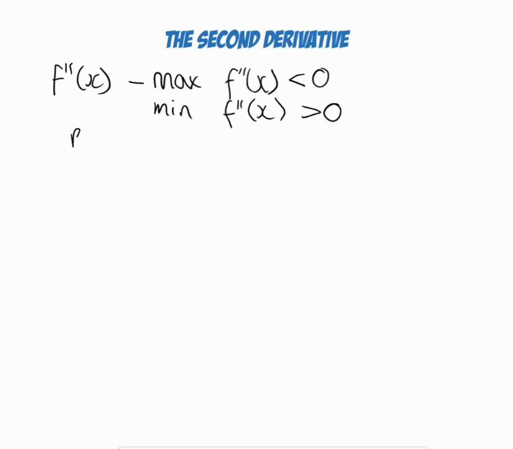It also can help us to find things called points of inflection, and I'll explain what those are. So if we've got a graph here, for example a cubic, a point of inflection here is not where the gradient is 0, but where it changes from what we call concave down.